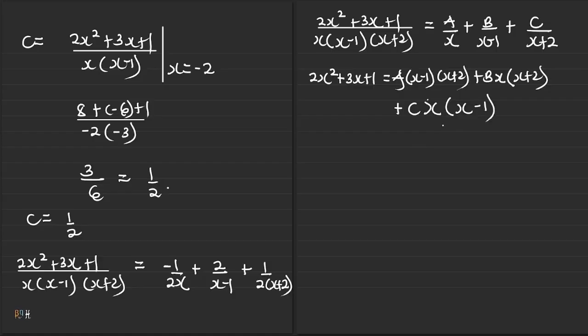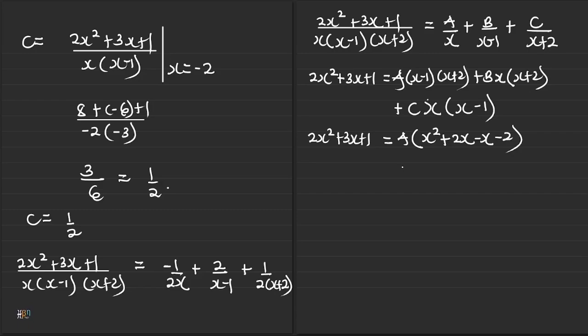So with that, we open the brackets. The left-hand side remains 2x squared plus 3x plus 1. Then opening these brackets, first of all, we have a into bracket x multiplies x and then multiplies 2 to give us x squared plus 2x. Then negative 1 multiplies x and also multiplies 2 to give us negative x minus 2.